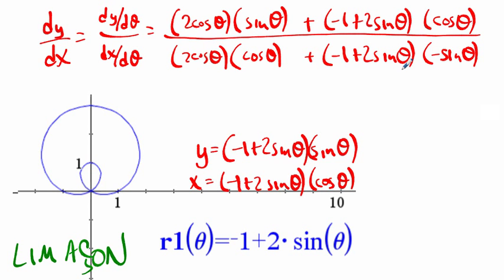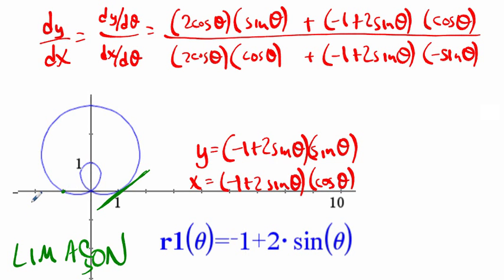So now if I'm interested in finding the slope of the tangent line here, I have to know a couple of things. I have to know what theta value that corresponds to. Well, that's a distance from the origin of 1 at an angle of what appears to be 0, except that it isn't, because if theta is 0, then r is -1.